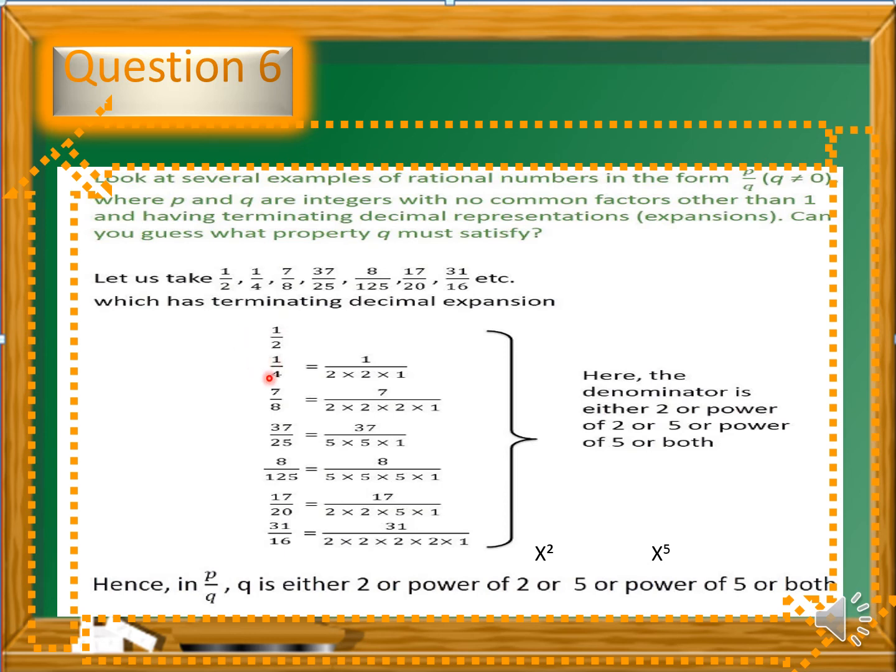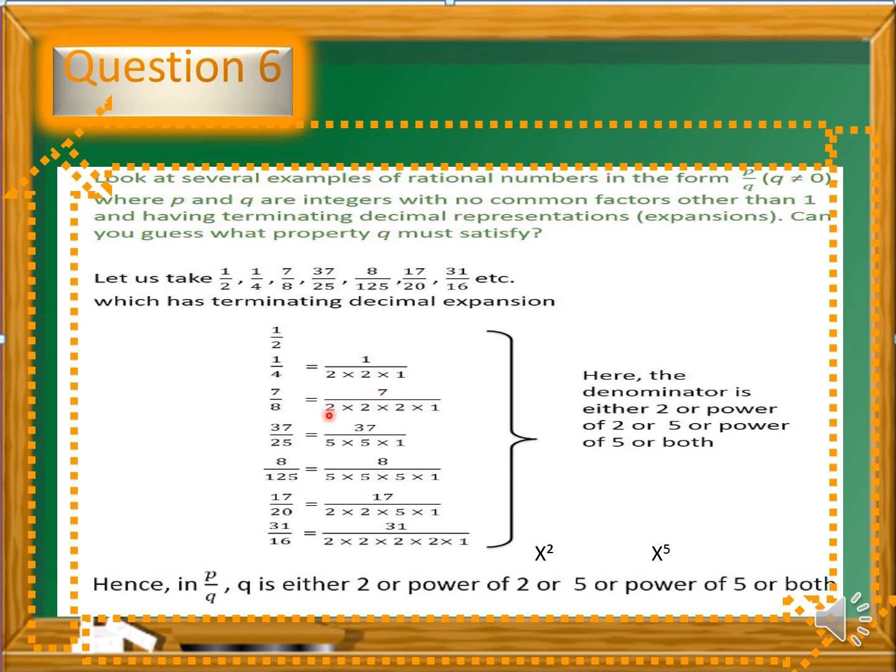So 1 by 4, next number 1 by 4. The numerator we should keep the same, and only the denominator we take, as they have given here q. So the denominator can be written as 2 into 2 into 1. 2 into 2 is 4, 4 into 1 is 4. Next is 7 by 8. 7 should be the same.